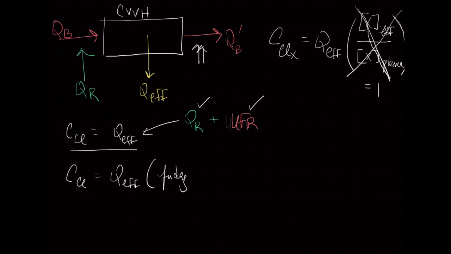The reason you have to have a fudge factor is simply because the blood that enters the filter at this point right here does not have the same concentration of the solute as it does out here, because you added replacement fluid, because you diluted the concentration. And so you've got to take that dilution into account, and that's what that fudge factor is for.